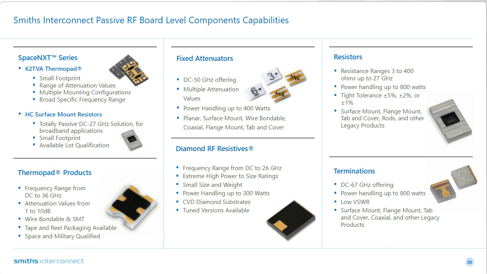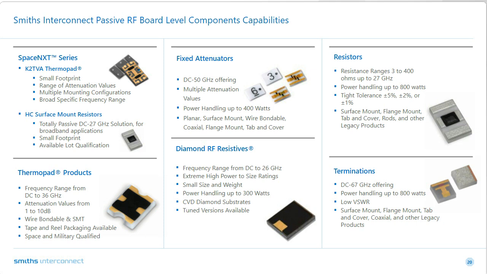The thermopad has a unique quality of maintaining control of signal gain over temperature, and being a passive component, it gives the customer an excellent fit in MTBF rate. So we see most of the RF passive products going into space as attenuators, whether fixed or temperature variable. We also do a high degree of diamond RF components.